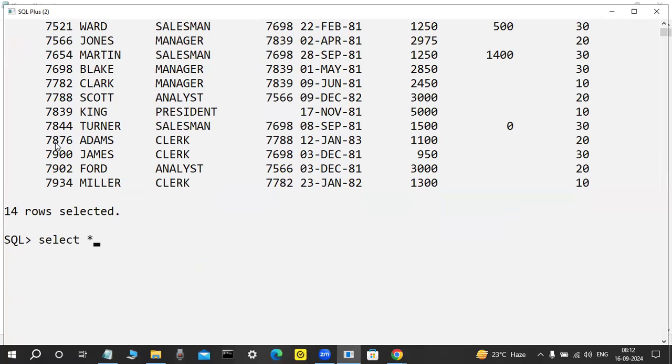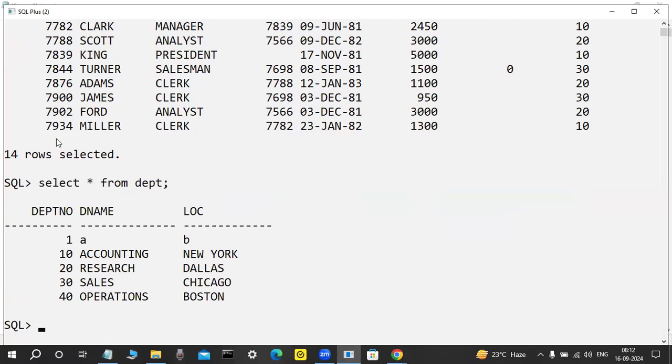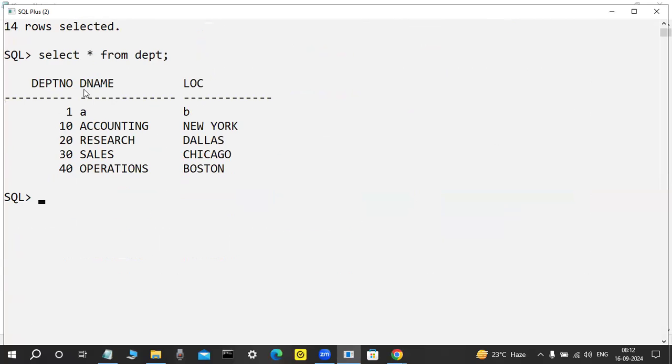Now, observe it here, concentrate here. Once a structured collection of data is there, you operate the data by using the SQL language. Suppose, for example, this is a DEPT table. In this table, one is a department number. I want to remove this department number today. In my project, my requirement is I want to delete, meaning remove, department number one from this DEPT table.